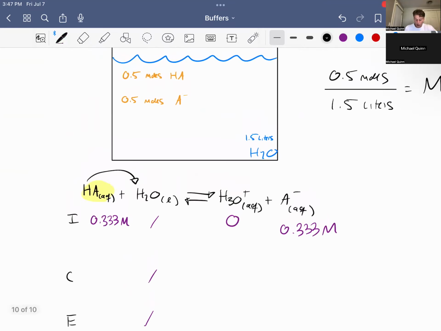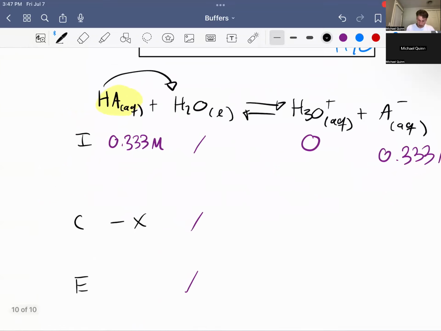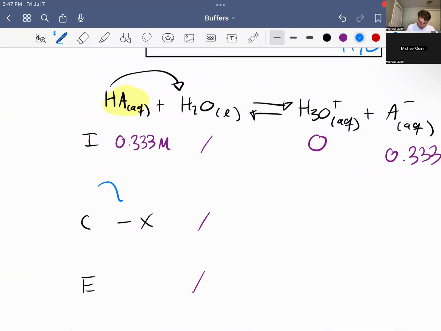So what is going to happen? Well, there is no hydronium to start this reaction. So we want to run this reaction to the right to produce some hydronium, right? So this is going to start to give away some of its hydrogen to water, minus X, because we do not know how much is going to react. It is a weak acid, so we can use an approximation, and this will stay 0.333 molar.